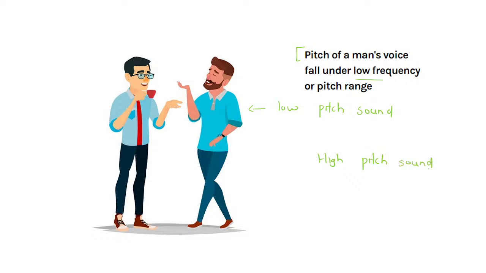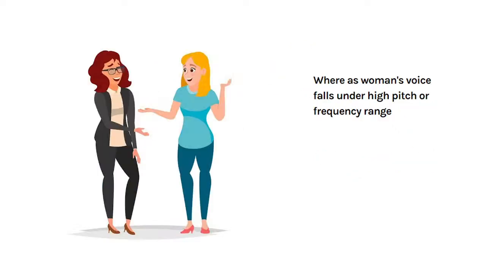In a diagram, it will be something like this. The number of crests will be more in case of a woman, whereas in case of a man it will be less. Okay, clear. So the woman is showing high pitch sound and the man is showing low pitch sound.